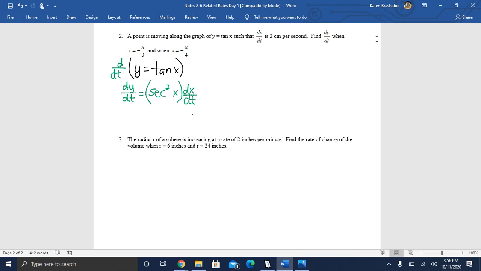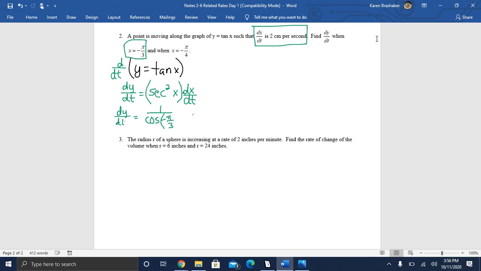All right, so if we look at our given information, we're told that dx/dt is 2 centimeters per second. We have to find dy/dt, and we know an x value to start with, part A, is negative pi over 3. So dy/dt will equal, and secant, I'm going to go ahead and change to 1 over cosine, and I'm going to substitute in my negative pi over 3.